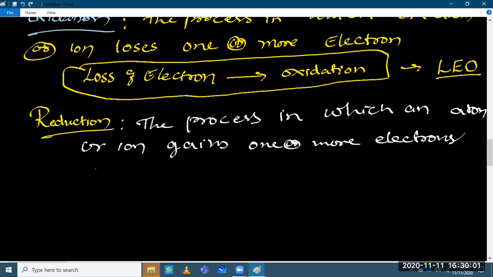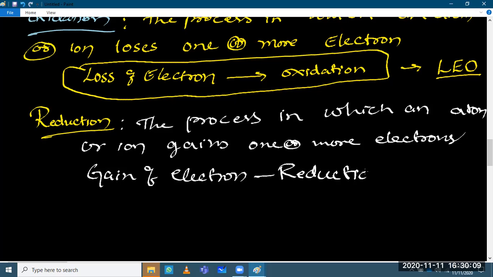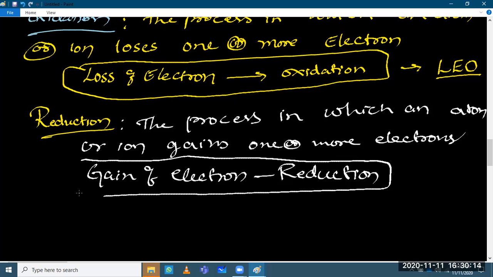So for that I can write gain of electron. That is what we call a reduction. For this I would like to write a shortcut, GER, gain of electron reduction.